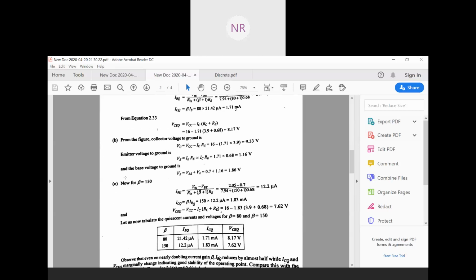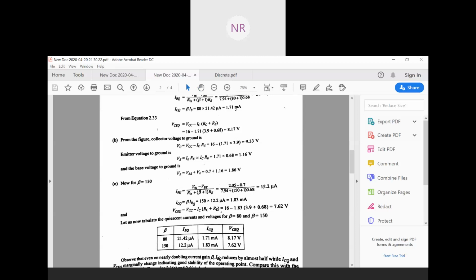Till here we have taken the beta value as 80. Similarly, the same procedure you repeat for beta equals 150. Wherever beta is there, substitute 150, the rest is all the same.